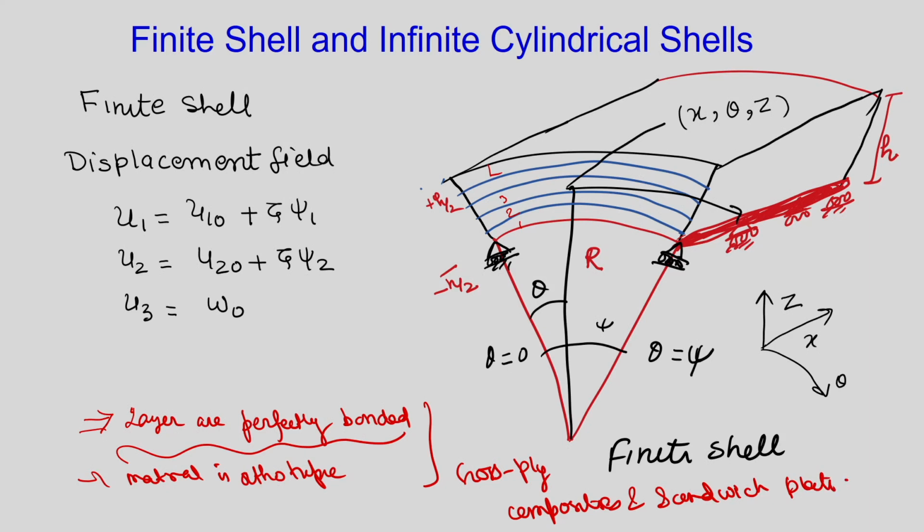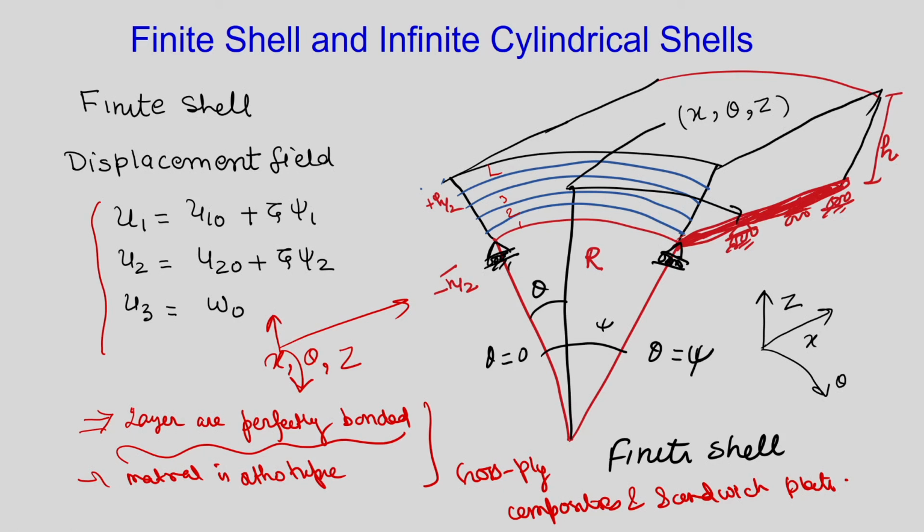So, for this case the same displacement field is considered: u1 is equal to u1 0 plus zeta times psi 1, u2 is equal to u2 0 plus zeta times psi 2, u3 is equal to w naught. Our coordinate system is x, theta and z, where x is longitudinal, theta is circumferential and z is the thickness direction.